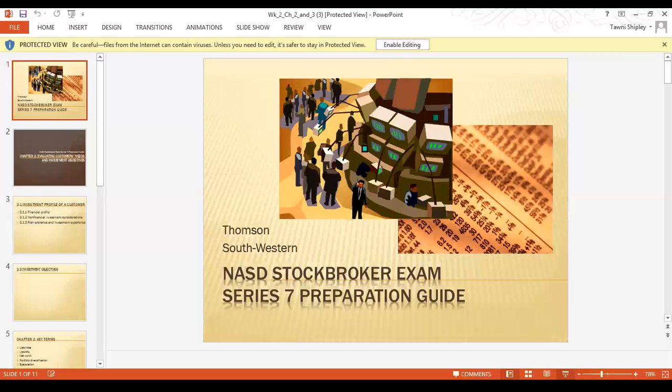The potential rewards are part of the discussion, but they also need to talk about the risks and potential downsides to whatever kind of investment they're looking at. So another rule of thumb when working with investment advisors or anybody who's selling you some kind of financial product, first step, we want to make sure that they're assessing suitability, assessing our needs, our objectives, and really listening to what it is we're trying to accomplish, and then giving us solutions that show that they have our best interest at heart.